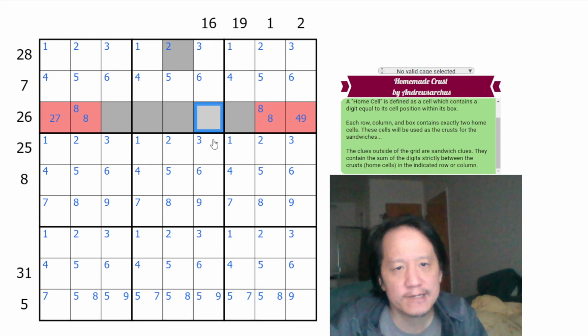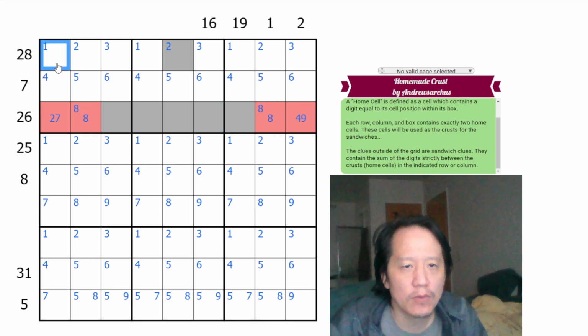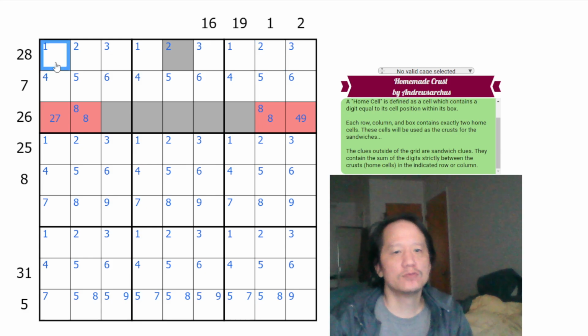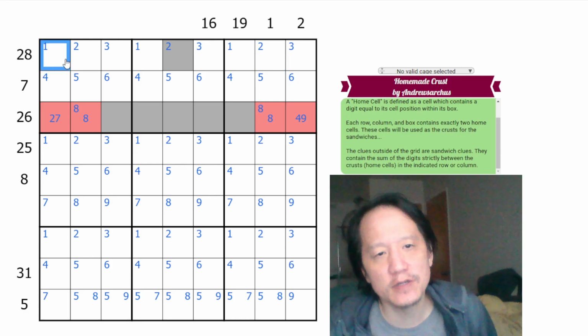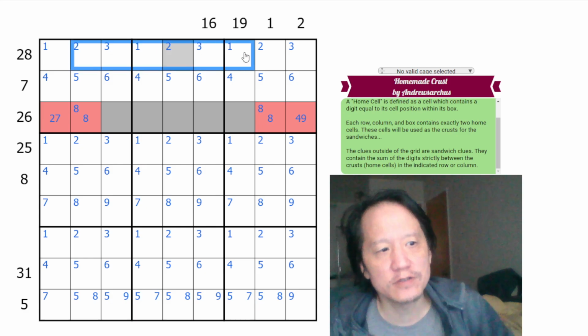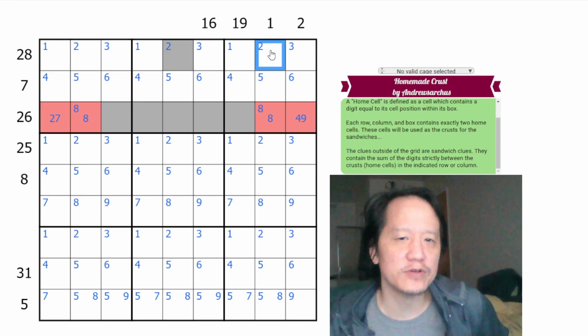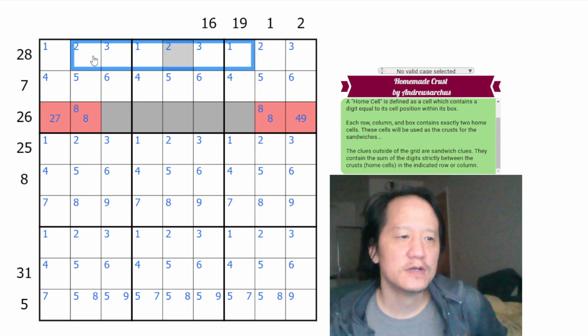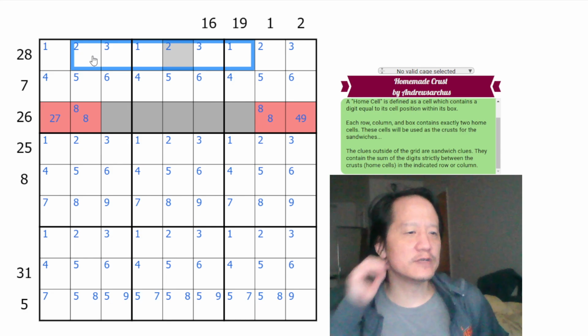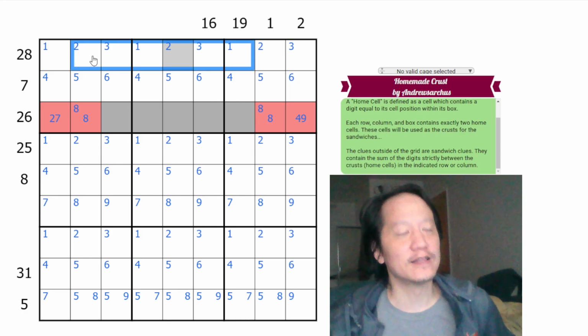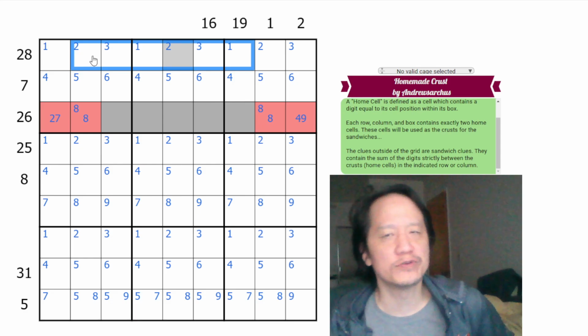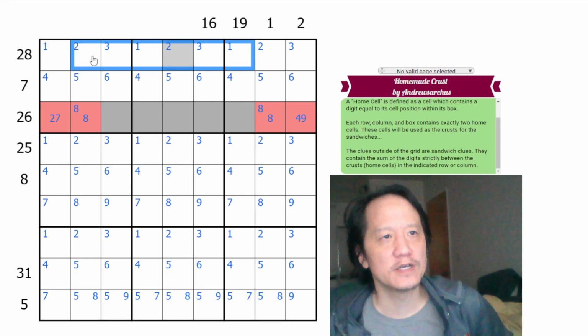1 and 3 works. Can you ever have 1 and 2 on the outside? Can it ever be 6? I don't think so, right? No, it can't be 6, because at the least it would be 1 plus 4 plus 5 plus 6 plus 7 plus 8.